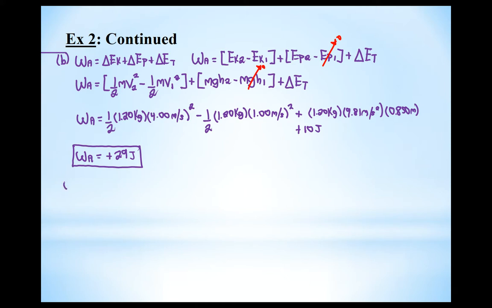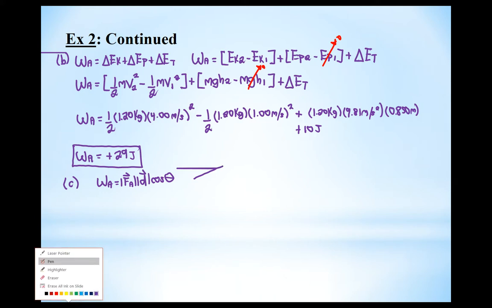Now, part C just wants me to determine the magnitude of the applied force. So we can now just write down the definition of work to calculate this. We'd have WA is equal to FA d cosine theta. And in this situation, my displacement is up and to the right.